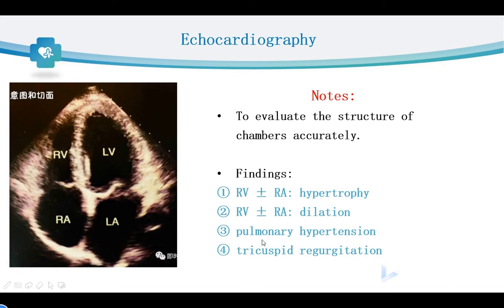Usually, we can find the pulmonary hypertension in this patient. And sometimes we can find the tricuspid regurgitation. And the echocardiography is the most accurate examination for the evaluation of the structure of the chambers.